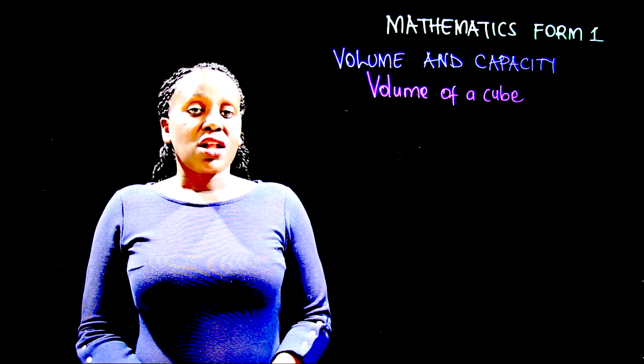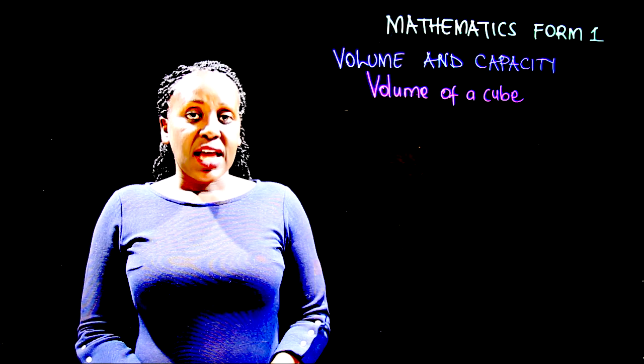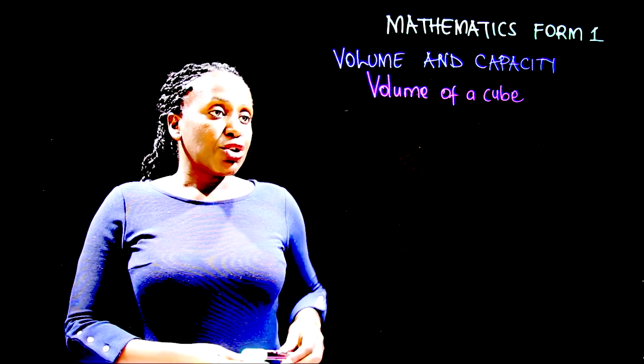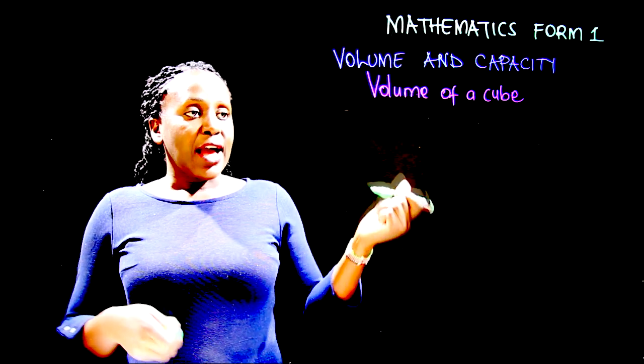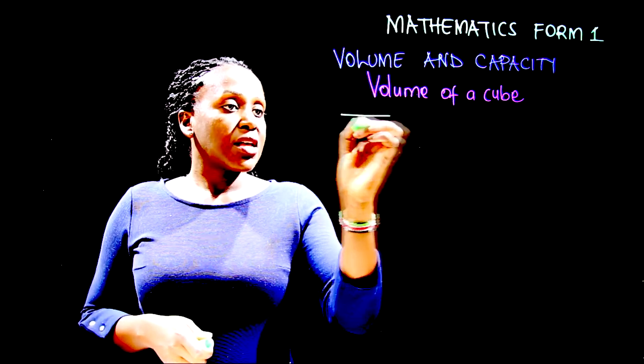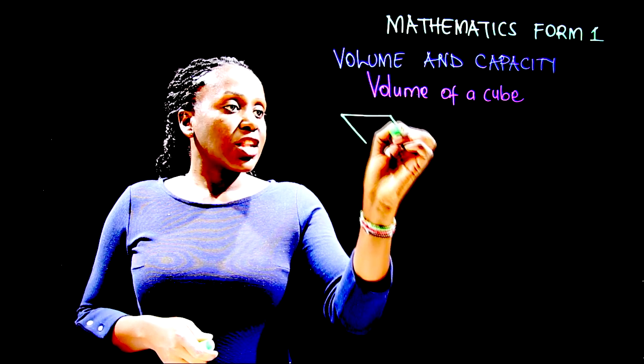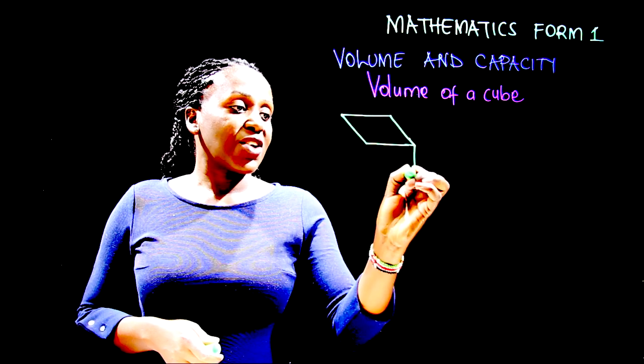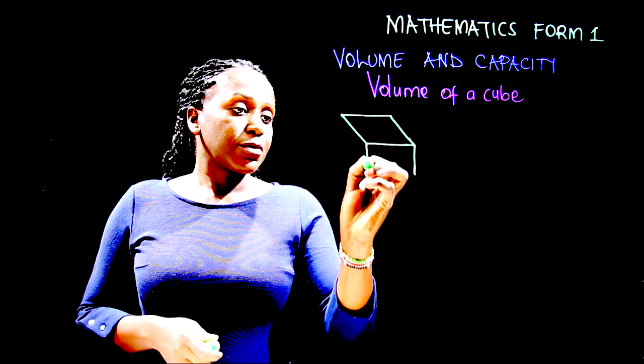That means that all the sides of a cube are equal. So if you draw a cube, it's the same as drawing a cuboid, but you must make sure that all the sides appear to be equal, or rather are actually equal.